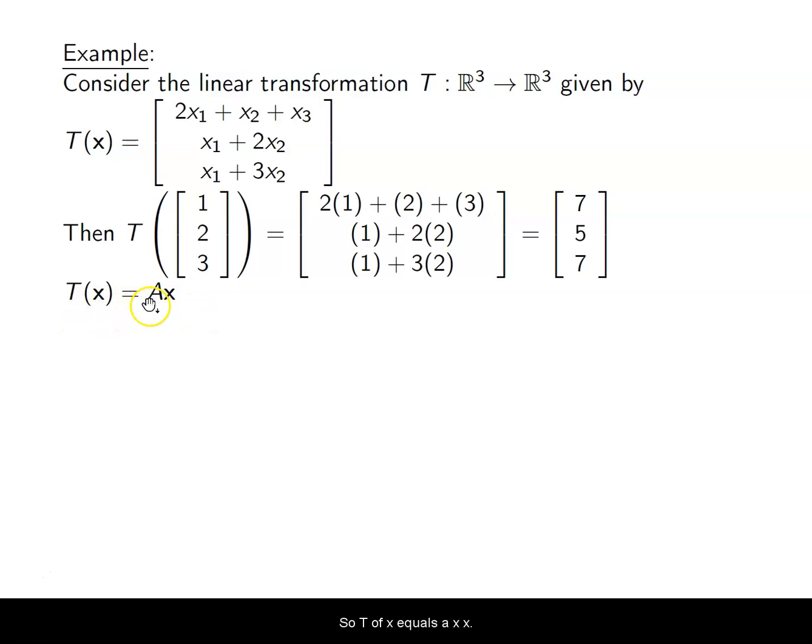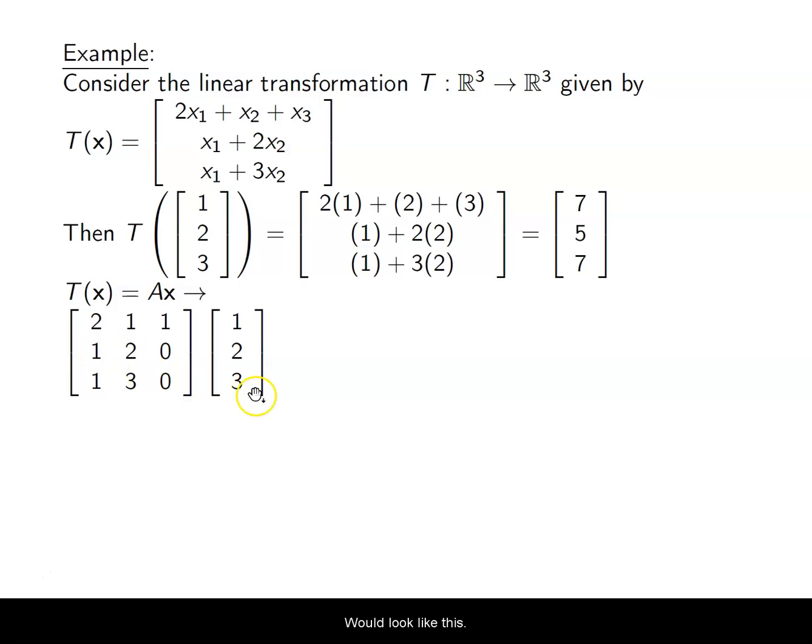So T of X equals A times X would look like this: 2, 1, 1; 1, 2, 0, because there's no x3 term; 1, 3, and 0. So that's the A matrix for my transformation. And if I take this and multiply it times my vector, so we haven't talked about multiplying matrices and vectors yet, but what happens is I take this entire row and multiply it term by term times this column, and I add the terms together.